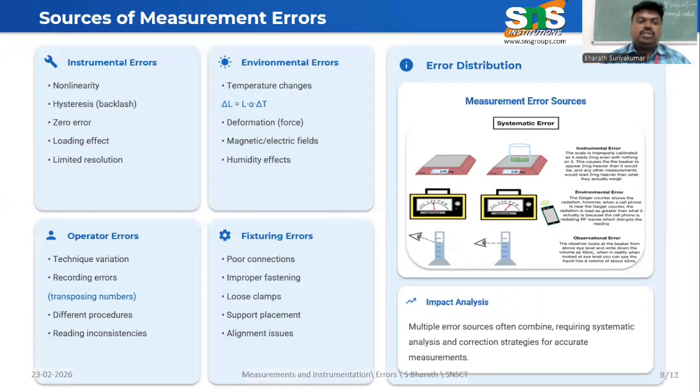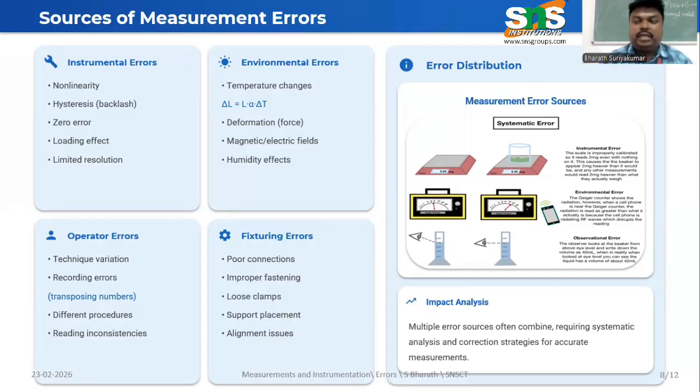What are the sources of all these errors? Instrument errors are due to non-linearity, hysteresis, that is the BH curve we have studied, zero error, loading effect, and limited resolution. Environmental errors include temperature changes, deformation, magnetic or electric fields, humidity, etc. Operator errors involve technique variation, recording errors, transposing numbers, different procedures, and reading inconsistencies.